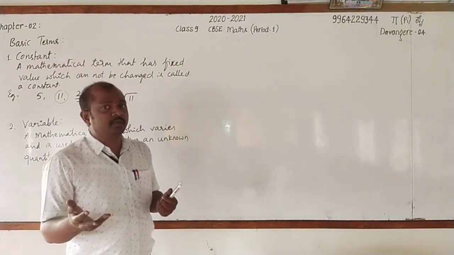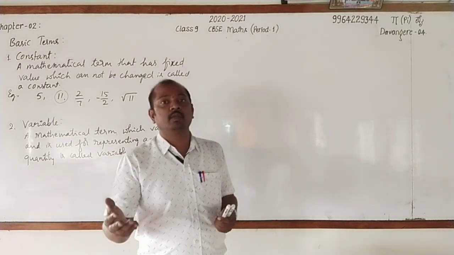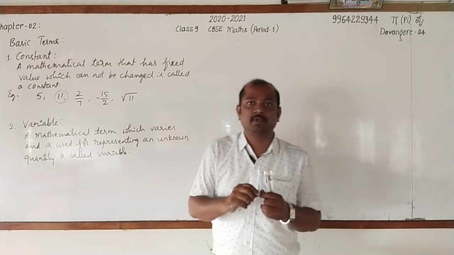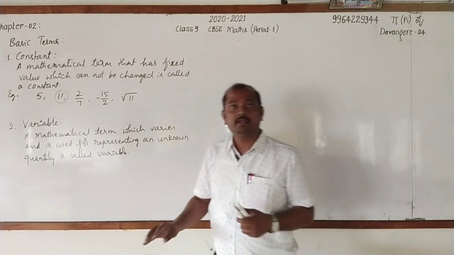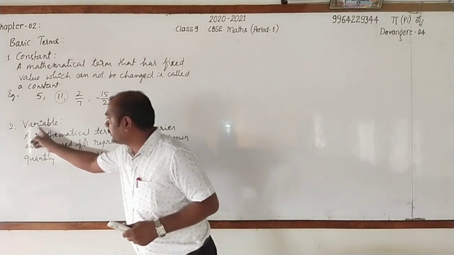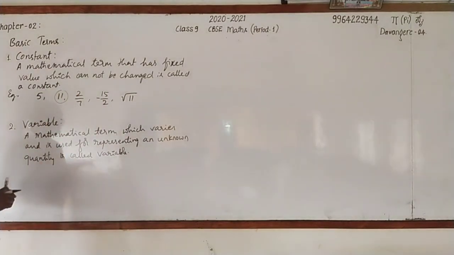And is it predictable? No. Tomorrow what it will be? Today evening what will be the health bulletin? Right? It's not possible. Just we can say the number of people died because of corona. It is X. That is a unknown quantity. Can be represented by the mathematical term called variable.